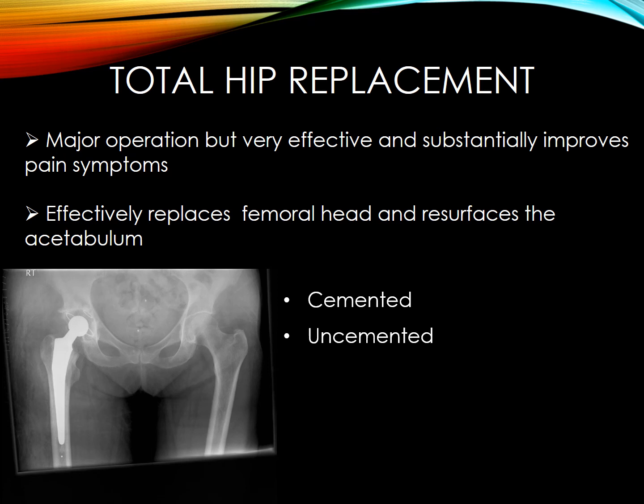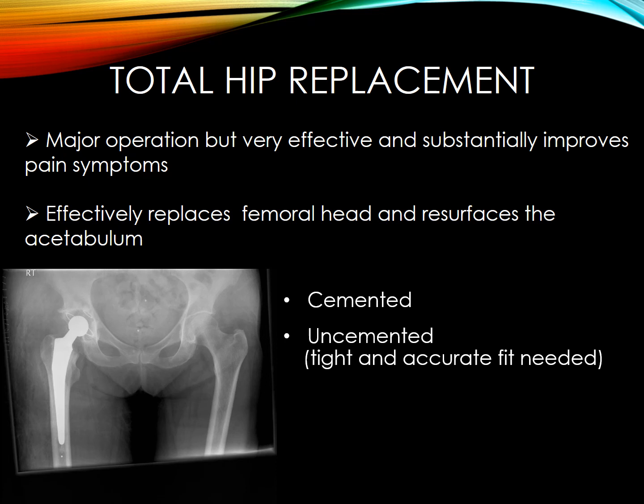In this situation, you have to get a very, very tight fit between the prosthesis and the bone, and the prosthesis is in fact covered with a very rough surface, and the idea is that the bone actually grows into the rough surface and fixes the prosthesis to the bone that way. That's fine if you can get a very, very tight and accurate fit of the prosthesis to the bone.